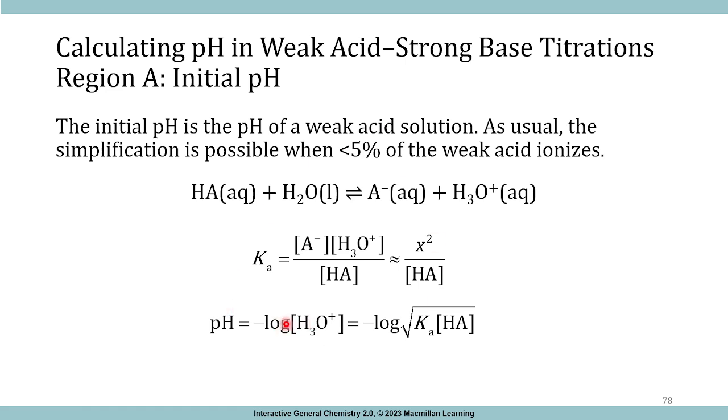Okay. So at the initial pH of the weak acid solution, usually you're going to be less than 5% change from that initial concentration, right? And so we can make that 5% assumption we would in the normal ICE problems, where you don't have to minus x. You don't have to do the quadratic formula. If you make that assumption, you'd get a Ka that looks like this, x squared over the initial concentration of that weak acid.